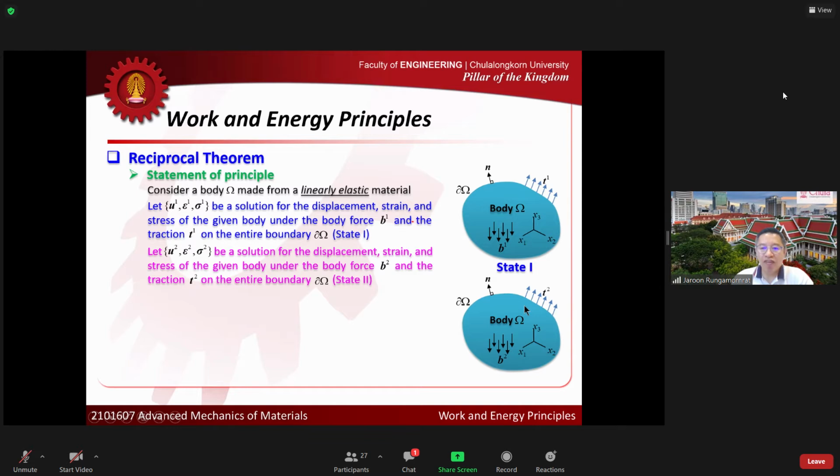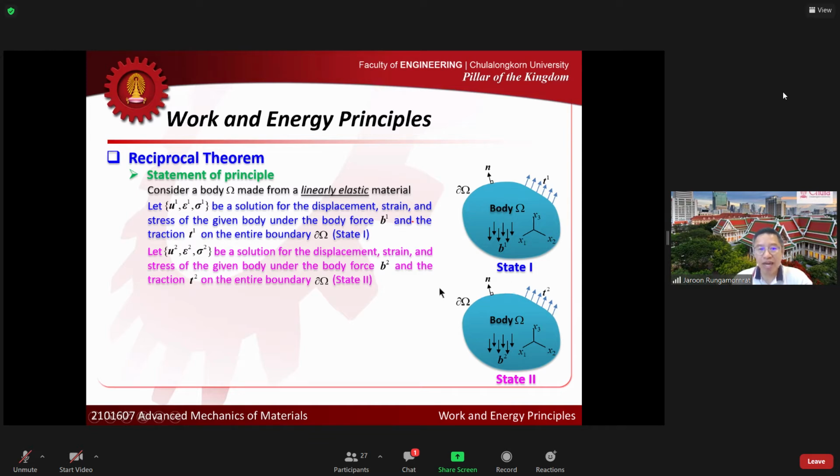For this state 2, let's say I can get the solution: u2, epsilon 2, and sigma 2 are the displacement, strain, and stress of state 2 due to the applied forces B2 and T2.